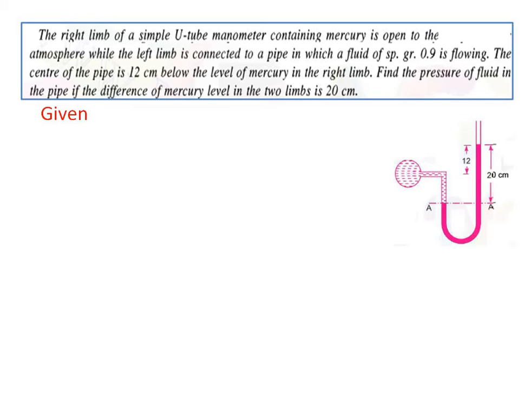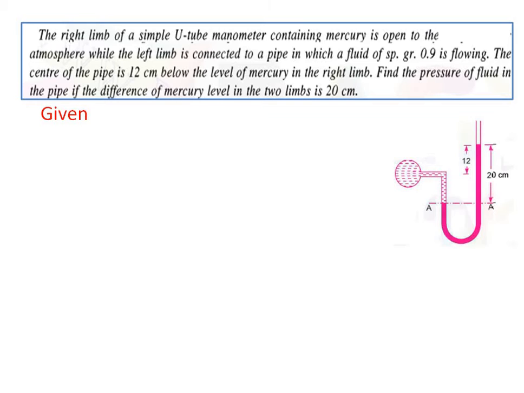Now here again in this problem, the difference between the datum point and the height of the right limb of the manometer is 20 cm, and the difference between the level of fluid and the rise in height is 12 cm compared to the right limb.